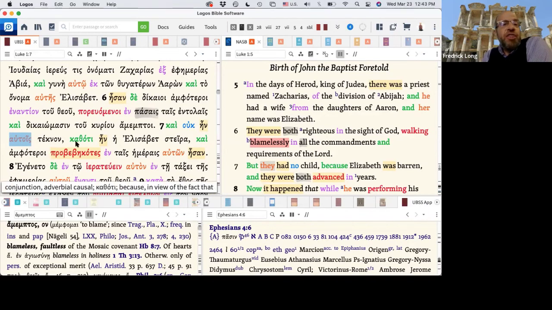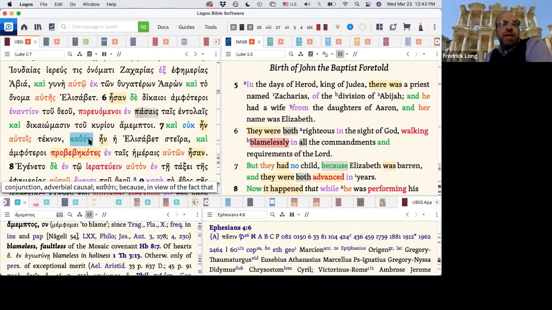And then you have kathoti en hē Elisabet steira. Kathoti, whenever I see that, I get really excited because it's not simply hoti, it's not an epei. There are other words for because. This one's a bit ramped up. It's a combination of kata, I think, and hoti.